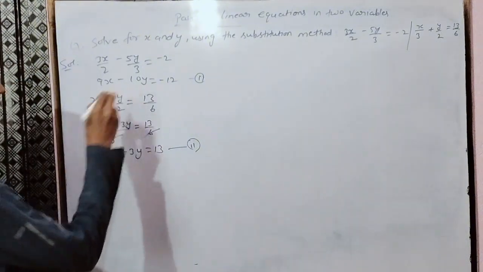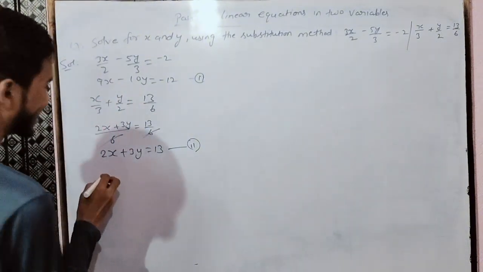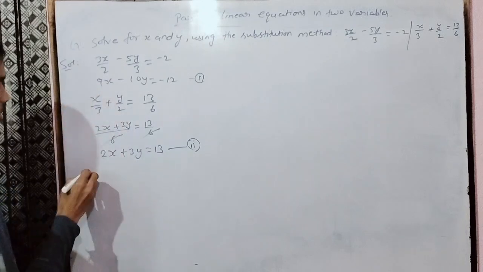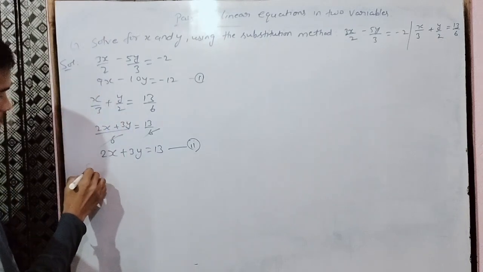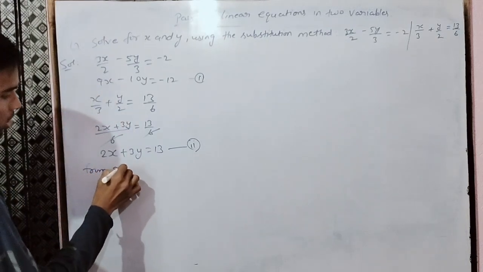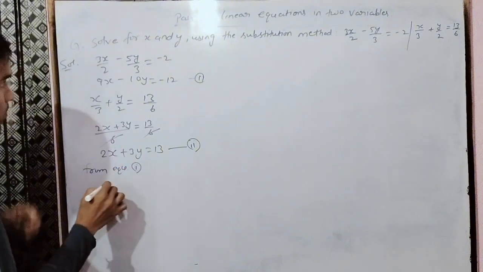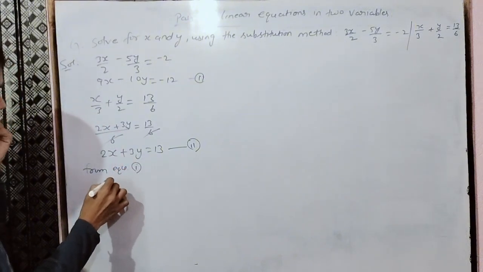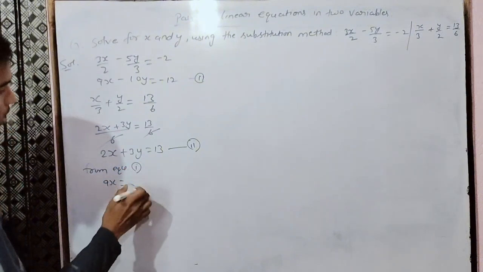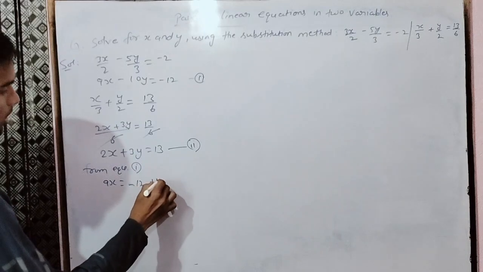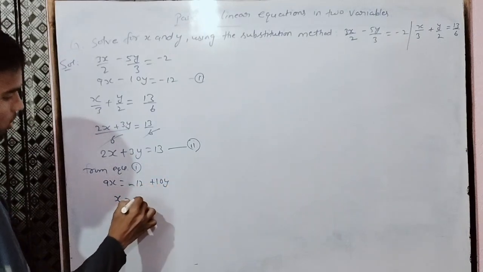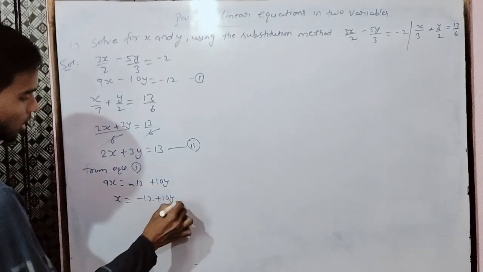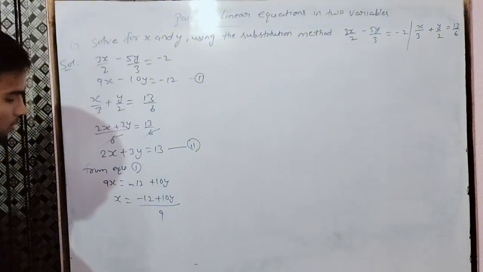For example, from equation 1, 9x minus 12 plus 10y, so x is minus 12 plus 10y upon 9.